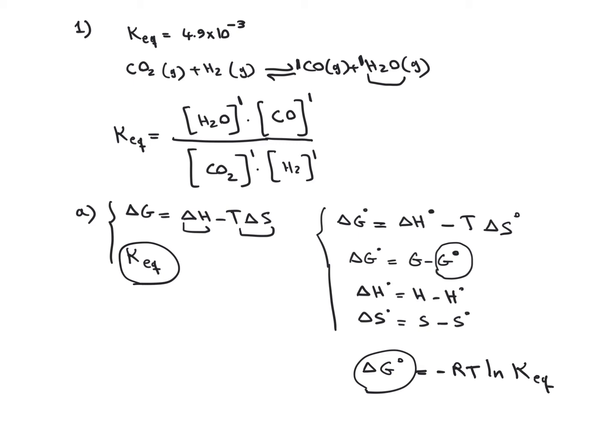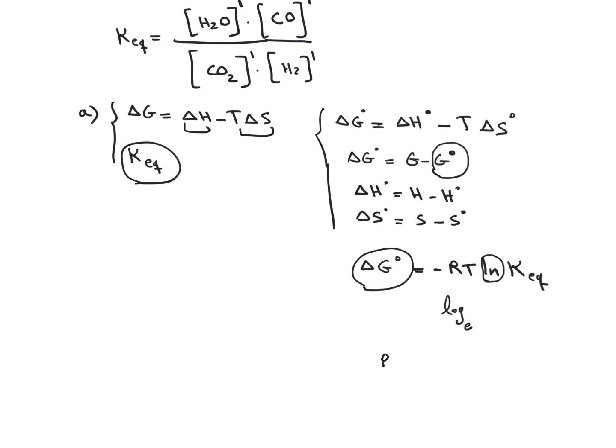And you remember that ln is basically the logarithm with the base of the Neperian number, and R is the gas constant. And as you remember, R equals 8.314 joule per mole per Kelvin, and it can have different units depending on what we're working on.